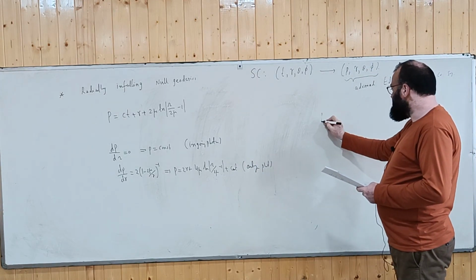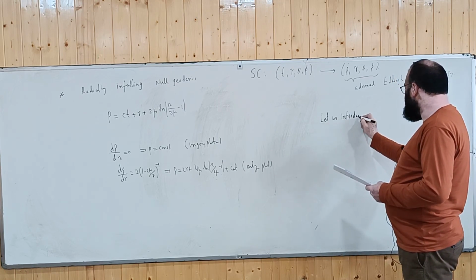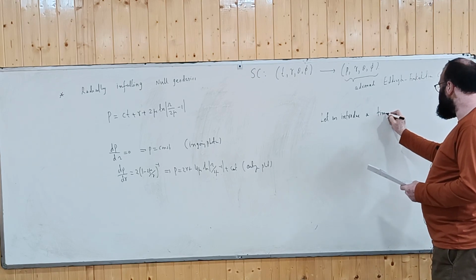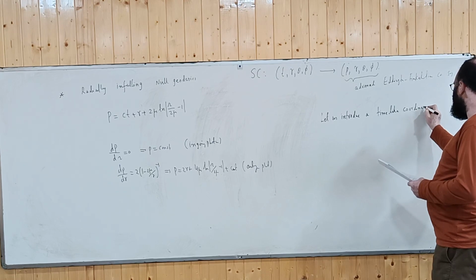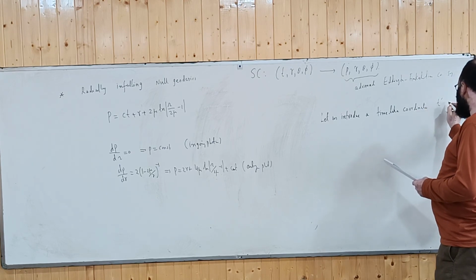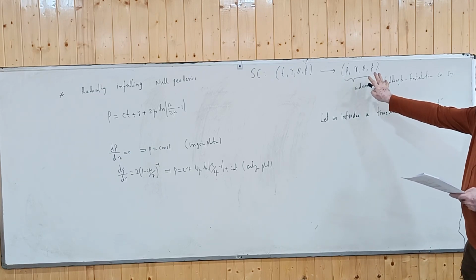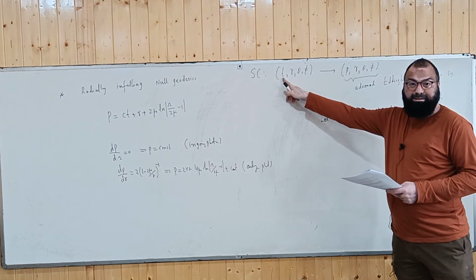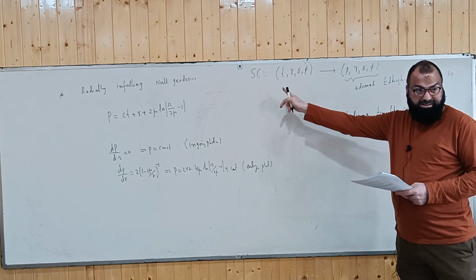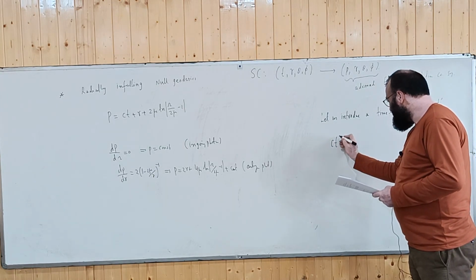Let's introduce a time-like coordinate in terms of this p actually. Let's call that t prime. This t prime is a time-like coordinate in which coordinate system? Eddington-Finkelstein coordinate system. And this t is a time-like coordinate in Schwarzschild coordinates. Got it? So how do I write it? Let me define it this way.